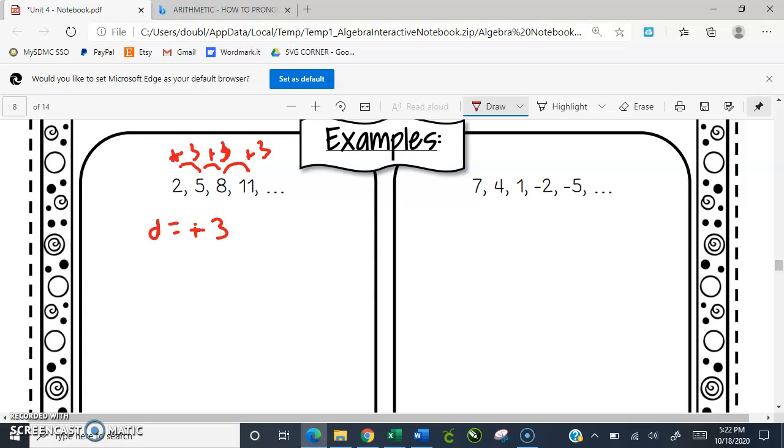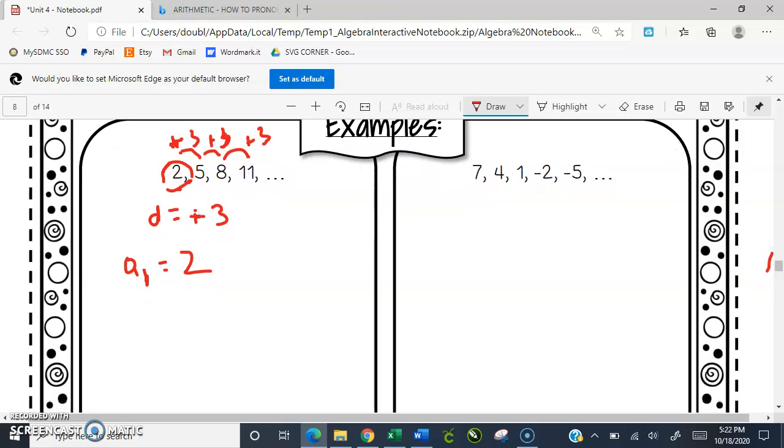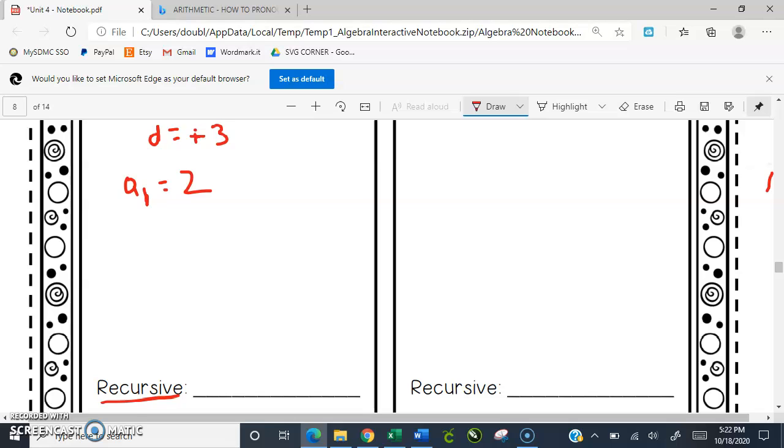Now what we need to know is what's our first term. Our first term, a sub 1, equals the first number we see, which is 2. That's all we need to be able to plug that stuff in. So let's go down here and plug it in.